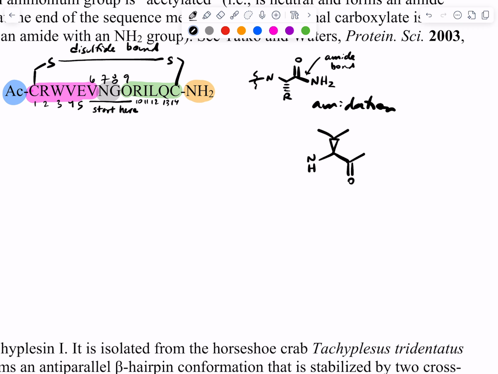Okay, then down here, immediately below valine, you're going to draw a dotted line. You're going to draw an H and an N here, the alpha carbon in between, and then the carbonyl oxygen there.